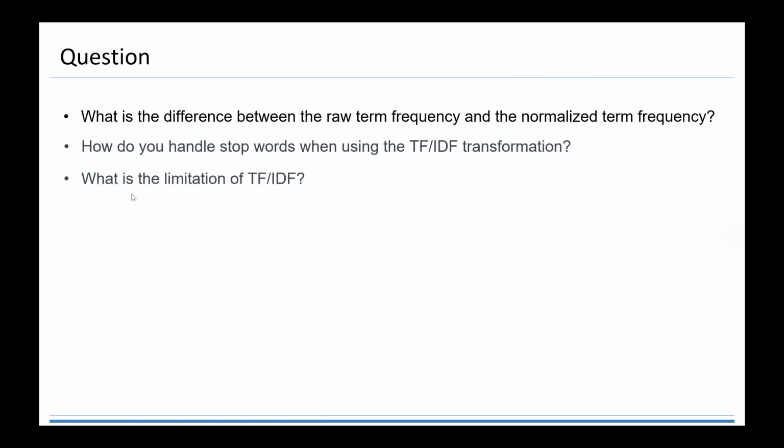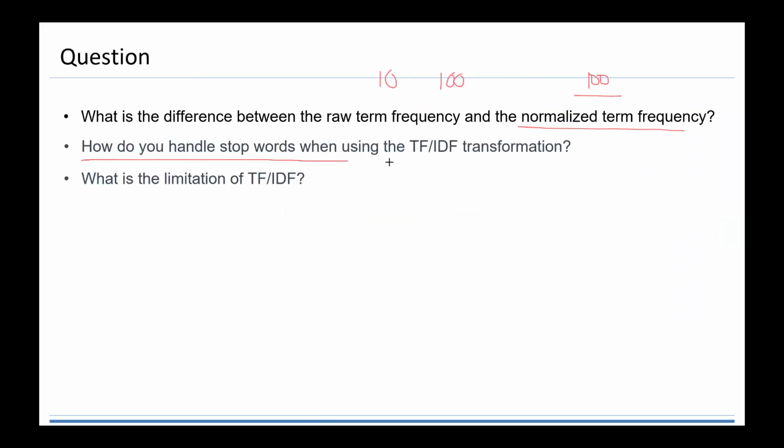Raw means only the counts, like 10 or 100, so we calculate the frequency. But normalized means we divide by how many unique terms are in that particular document.